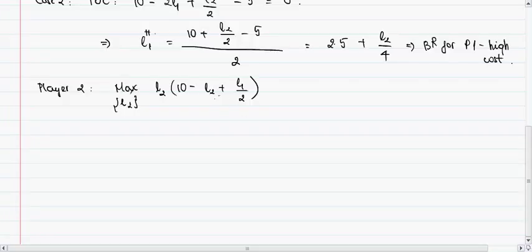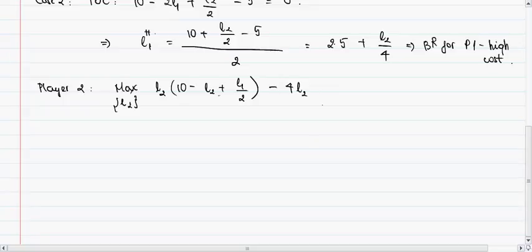This is the average benefit per hour for player 2, and multiplying by the number of hours, which is L2, you get the total benefit. Then I subtract the total cost, where the opportunity cost for player 2 is 4, multiplied by L2, which is the total cost for player 2.